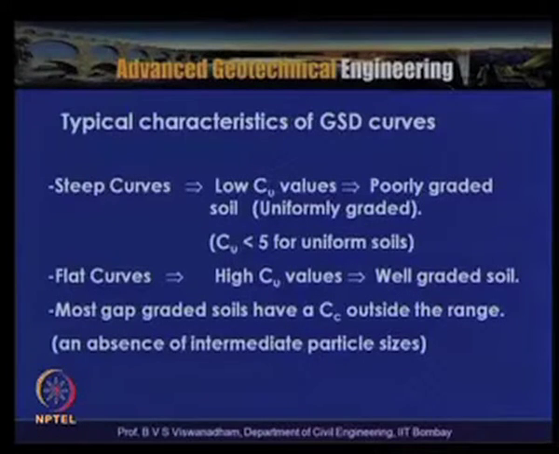Cu less than 5 indicates uniformly graded soils, and flat curves with mild slopes, with high Cu values, indicate well graded soil. Most gap graded soils have a Cc outside the range. A gap graded soil means that some range of particle sizes remains absent from the soil matrix, so the intermediate particle sizes will be absent.